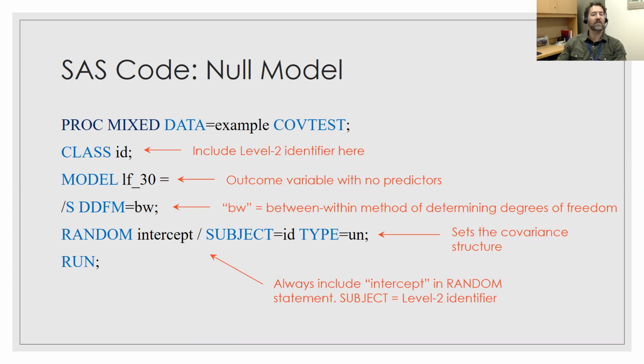The /s tells SAS to give us regression-like coefficients, because otherwise SAS by default will only provide type 3 ANOVA-like output, so F-tests rather than t-tests. The DDFM portion tells SAS to determine denominator degrees of freedom using the between-within method. This is a very efficient method, and it's appropriate when the number of clusters that you're analyzing is fairly high.